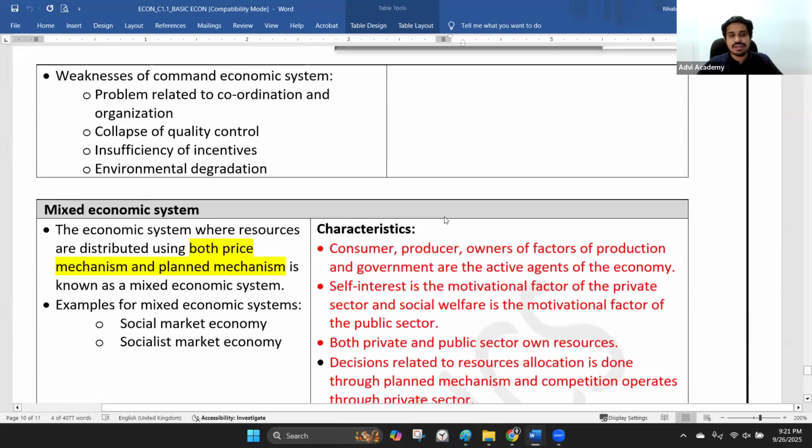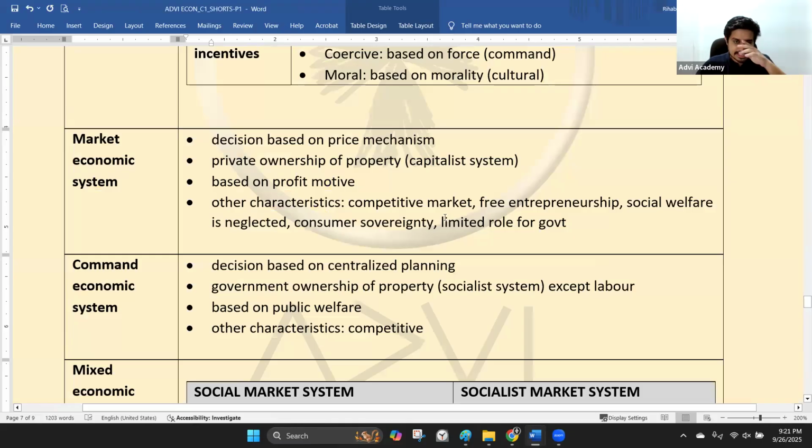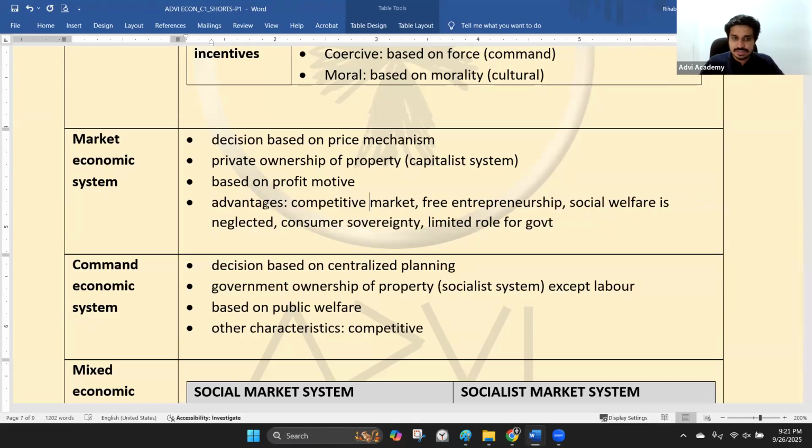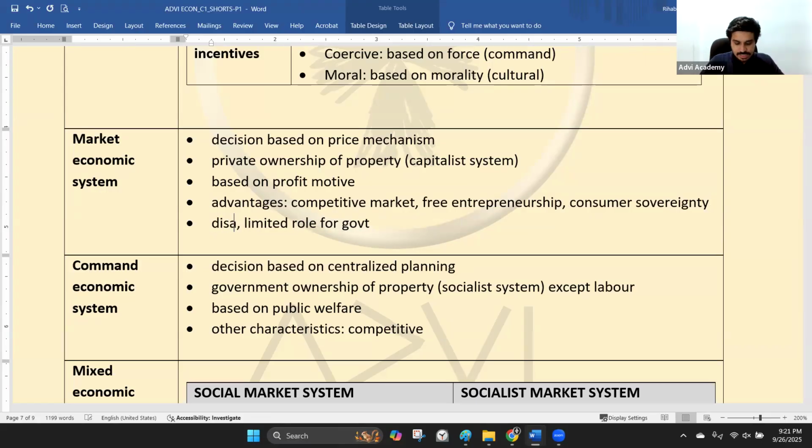See, the disadvantages in a command economic system are all these advantages in the market. So let's say these are the advantages. Let me change this. I'll give you advantages in the market. So competitive market, more choice, more free entrepreneurship, all these. What are the disadvantages in a market economic system?